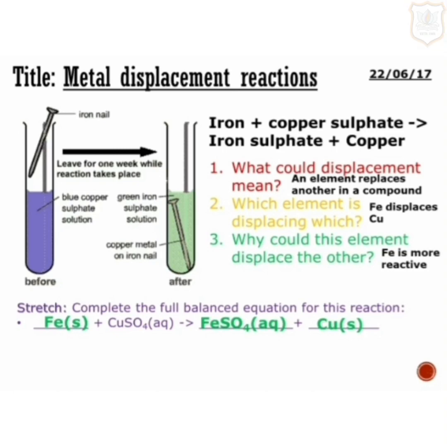Here the chemical reaction is Fe plus CuSO4 gives FeSO4 plus Cu. That means iron is more reactive than copper because iron can displace copper from copper sulfate solution.